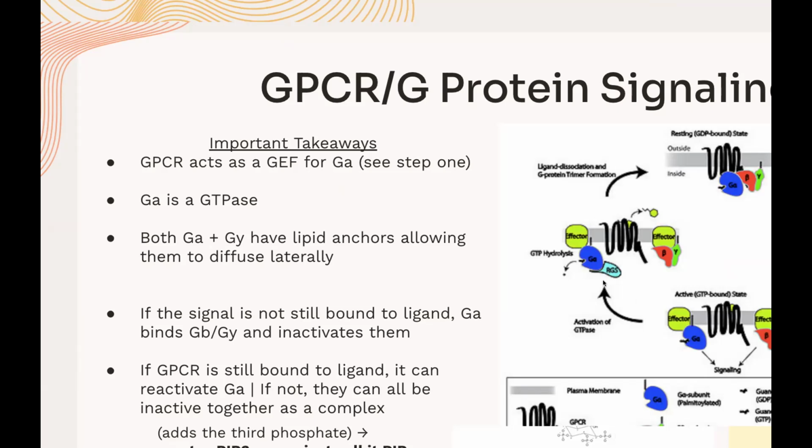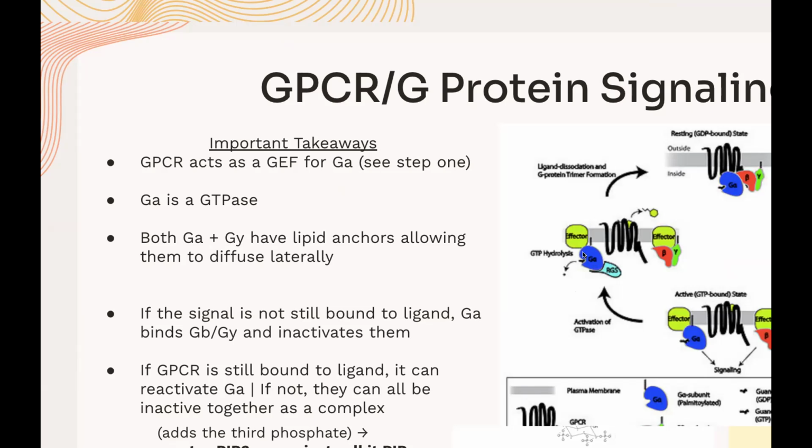So it was on when it was bound to GTP. Right here, the ligand got bound, they separated, it's bound to GTP, it's active. Okay? So this is the active step. We see there's signaling coming from both the beta and gamma and the alpha proteins. When it does the GTPase activity and hydrolyzes GTP to GDP, GDP means inactive. So now it's inactive.